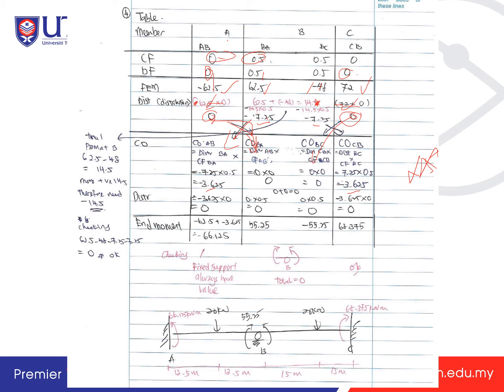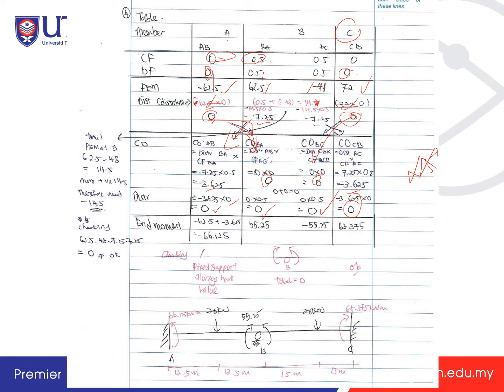So distribution factor is 0, so times 0 you will get 0. Okay, so for this C also, the distribution is 0, so you can straight away put 0. Okay, so here is 0, here is also 0. When you put things also, here is 0 and 0. So done. You can see that the step is become shorter.